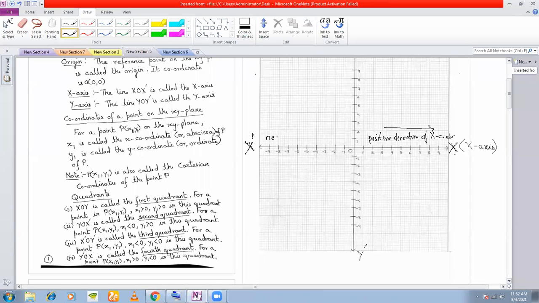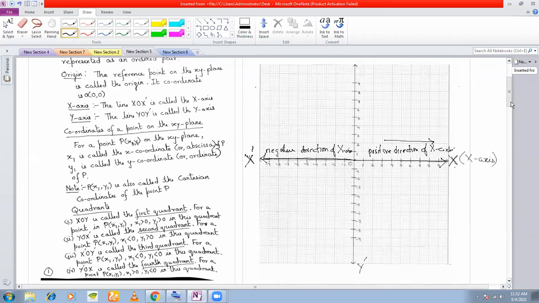This is the negative direction of x-axis. You start from the origin and this will be a negative direction. You start from the origin, this will be a positive direction of x.